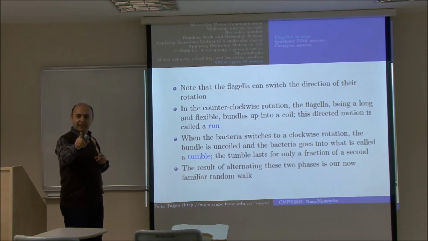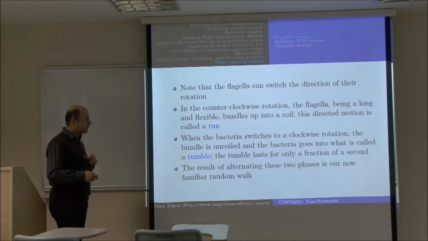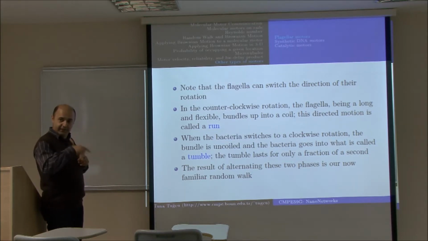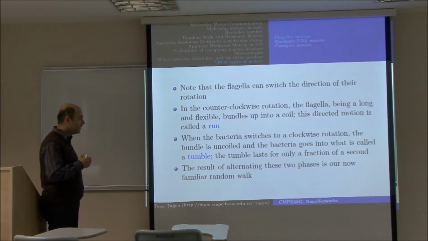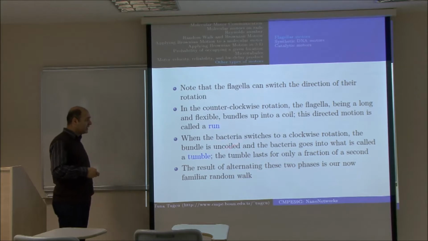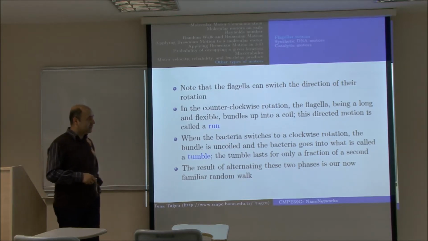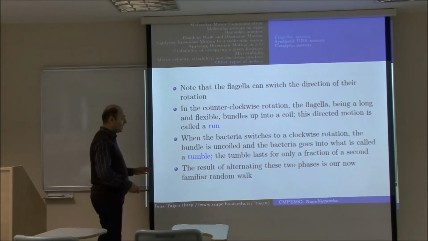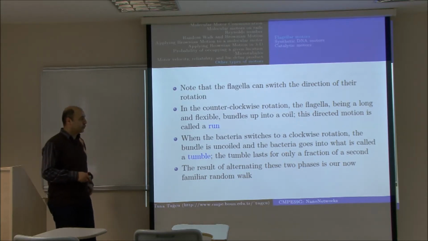But then the bacteria will switch its flagella's rotation in the reverse direction, in the clockwise rotation, and the bundle is uncoiled and the bacteria goes into what is called the tumble. And the tumble lasts for only a fraction of a second, and then it will run again.